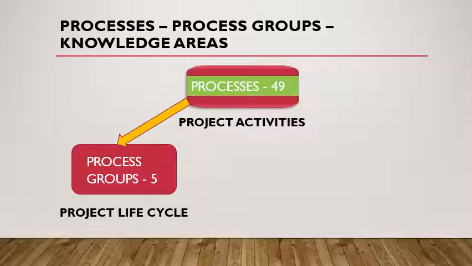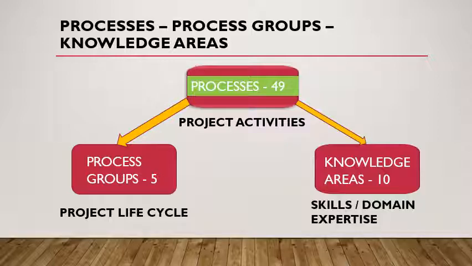These 49 processes are classified into 5 different groups called process groups based on their application during different stages of the project life cycle. These 49 processes are again classified into 10 knowledge areas based on the skills or domain expertise required to successfully execute these processes.